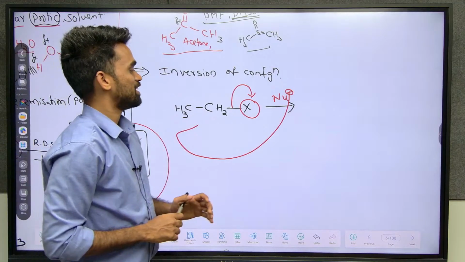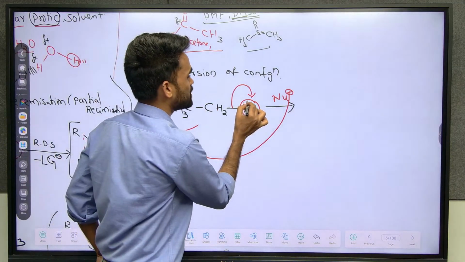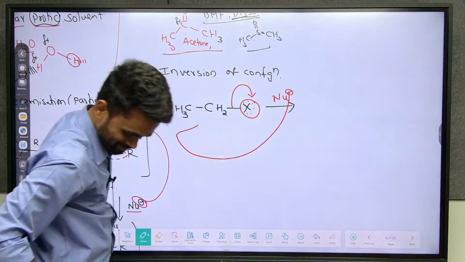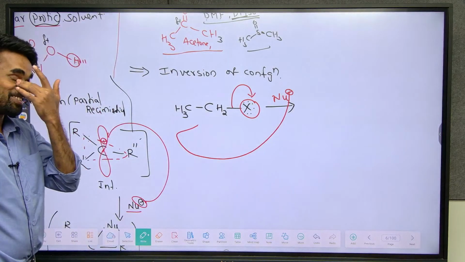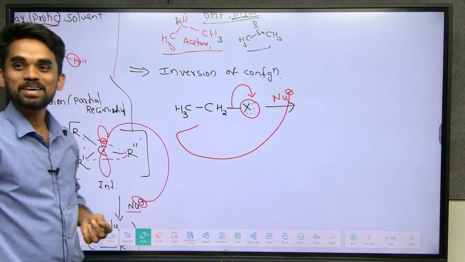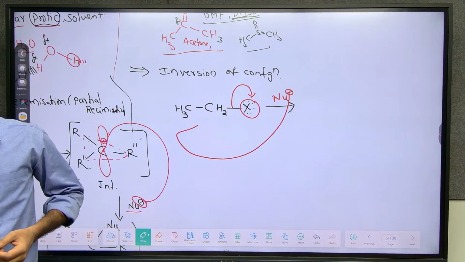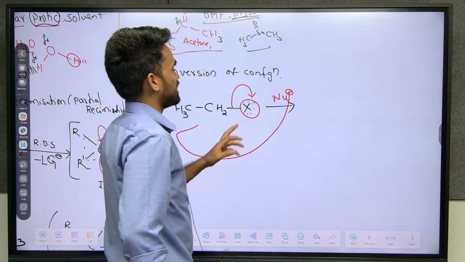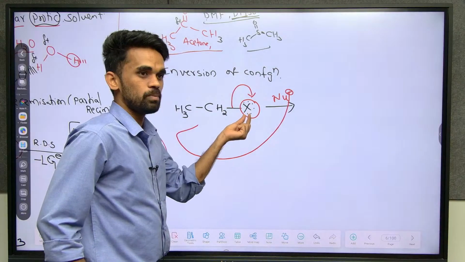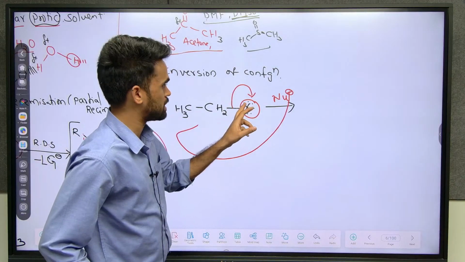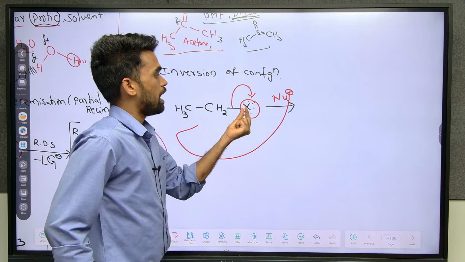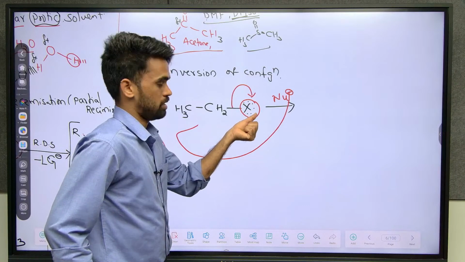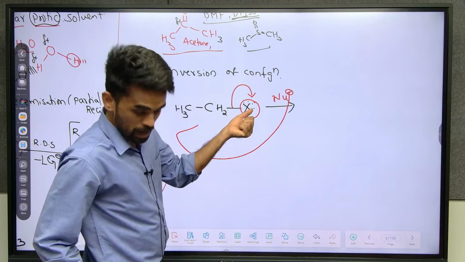Okay. See, look here, halogens are any group. Leaving group means, generally let us say it is a halogen. Halogen means an electronegative atom. Now the bonded electrons are taken by halogen only.